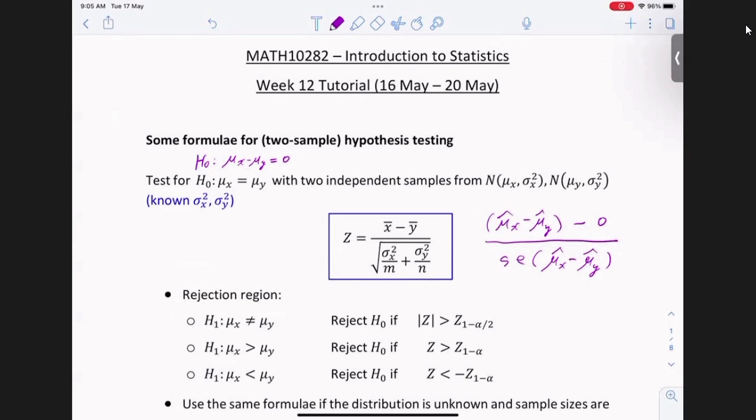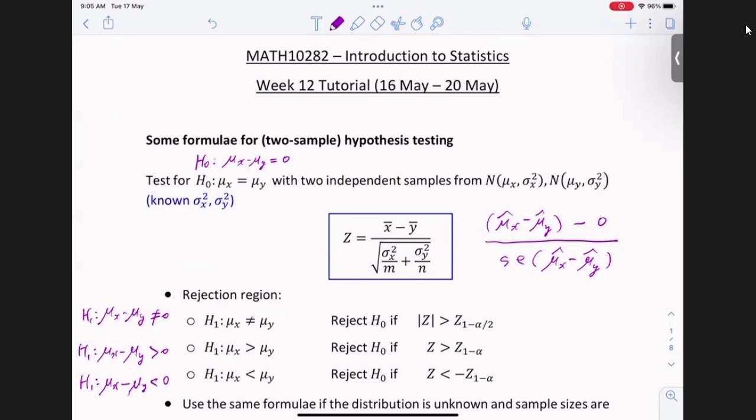And of course, the rejection region will depend on the alternative hypothesis, depending on whether you want to test on two sides or one side. So it takes a similar form. We have the difference of the population means compared to the null value, whether we are interested in both sides or just one direction, to the right-hand side of the null value or the left-hand side of the null value.